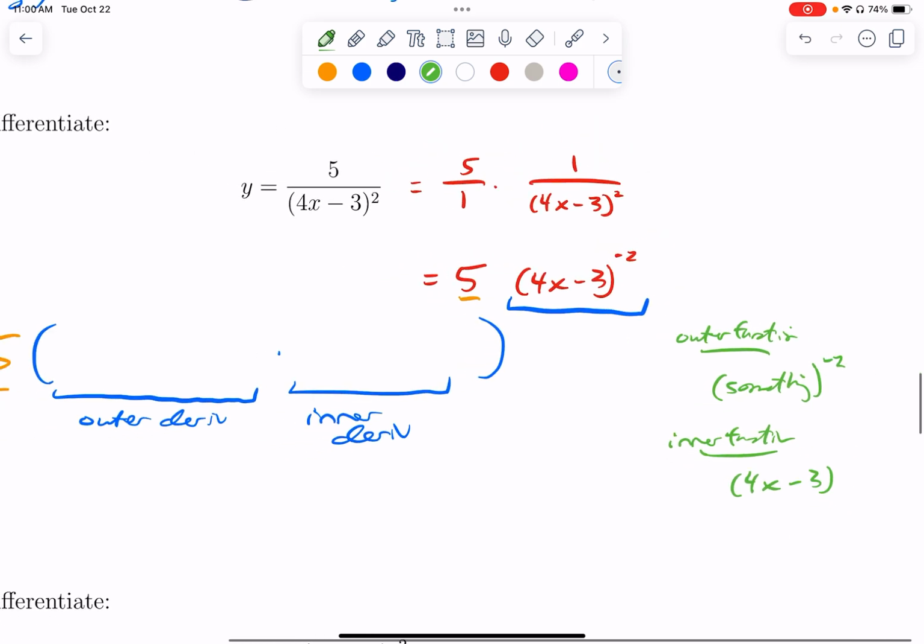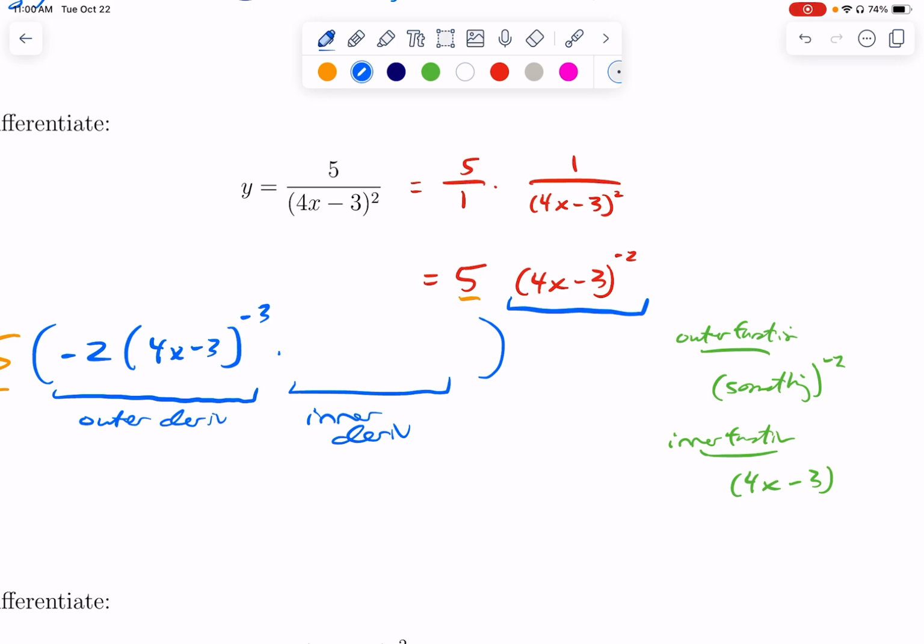So my outer derivative would be the derivative of something to the negative 2 power. That would be negative 2 times something to the negative 3 power. I'm just using the power rule. What is that something? That something is the 4x minus 3 that was inside. And then times my inner derivative, which is just the number 4.